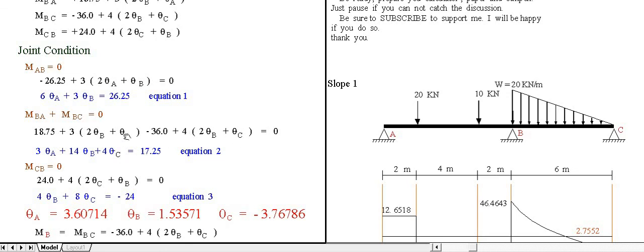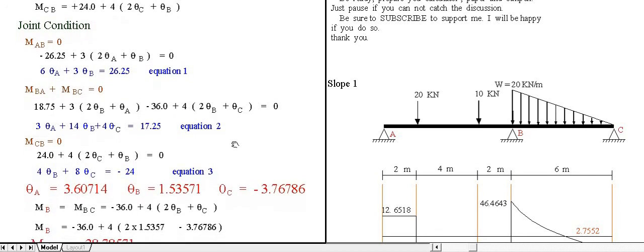Then the sum of these two, negative on the left, transfer to the right becomes positive 17.25. This is equation 2.